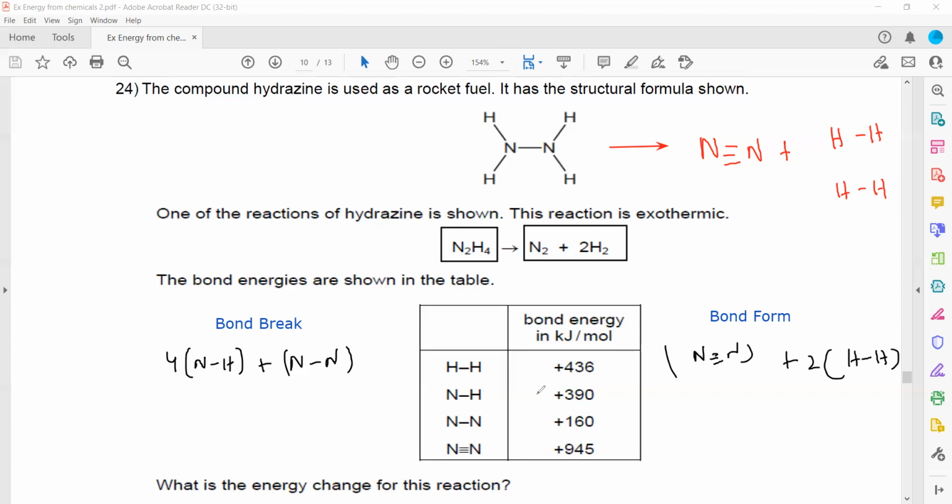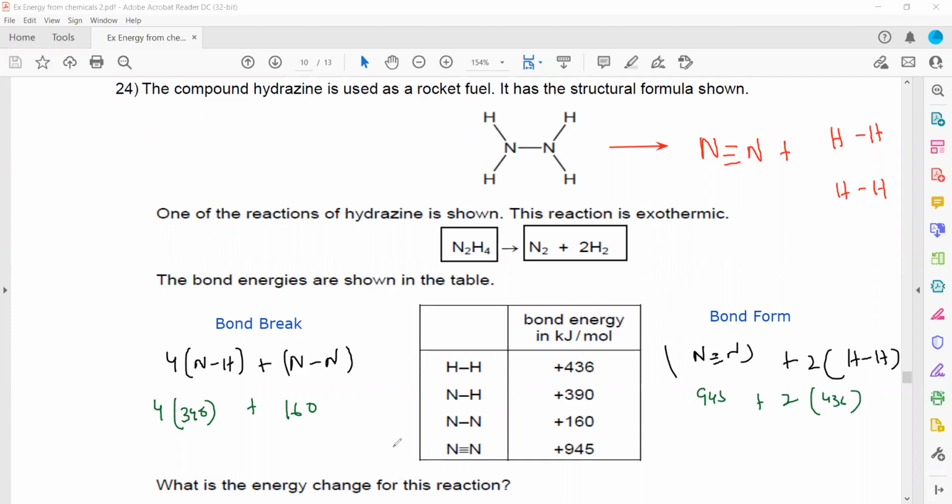So 4 NH bonds, so 4 multiplied by 390 plus nitrogen single bond, that is 160. So this will give us the bond breaking. And what about bond forming? Nitrogen triple bond is there, that is 945, plus 2 hydrogen single bonds, that is 436.